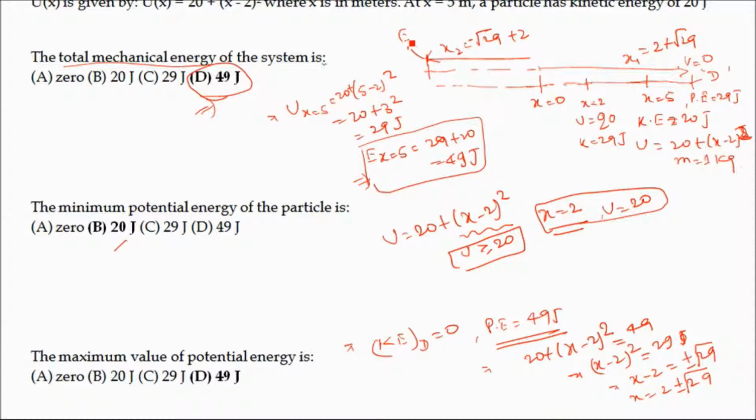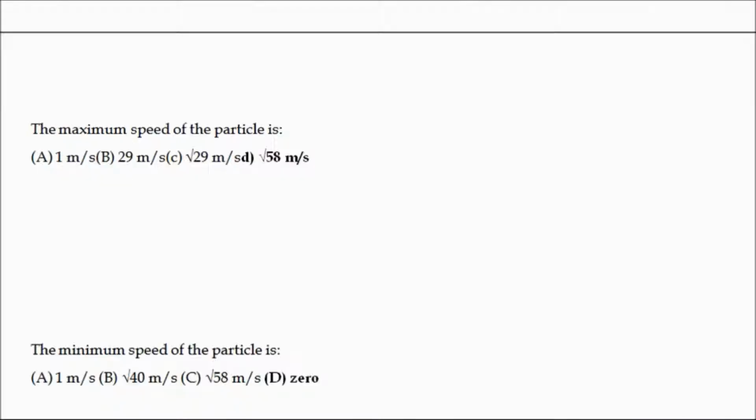We term it E. So clearly at points D and E the potential energy will be at its maximum value, equal to 49 joule, and these 2 points are 2 plus square root 29 and 2 minus square root 29 respectively.